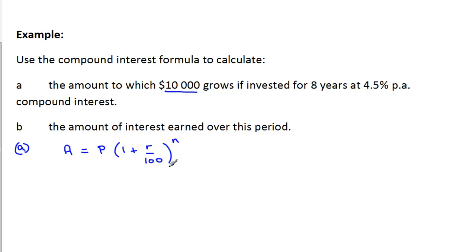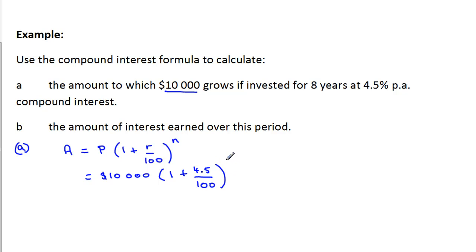So if we actually put this into the formula, here we go with the answer. P is $10,000. 1 plus, now the interest rate is 4.5, so we put it up there as 4.5. Change it to a decimal, that's out of 100, rather than just a percentage.